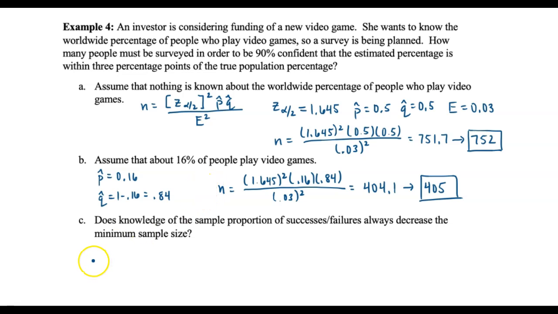And so here's our question. We know that this number decreased significantly once we knew the percentage. So does the knowledge of sample size of successes and failures always decrease the minimum sample size? And so that's just something to think about. Think about it this way.